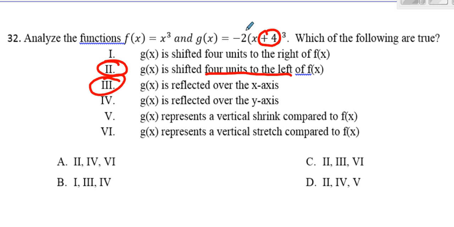And then a 2 is a vertical stretch. A vertical shrink would look like it would have a fraction out in front, like 1/2, 1/3, 2/3. Fraction less than 1 would make it be a shrink. That's 2, 3, and 6, C.